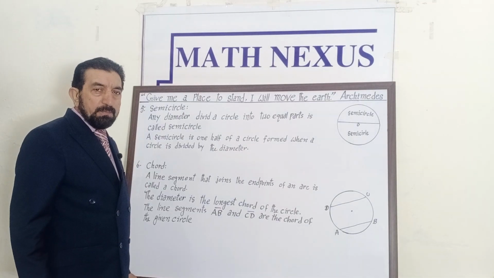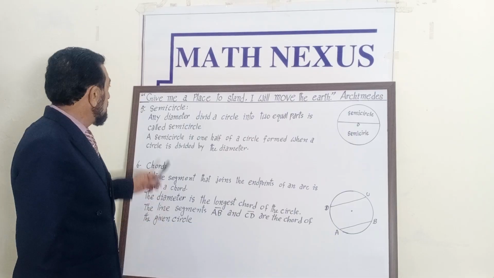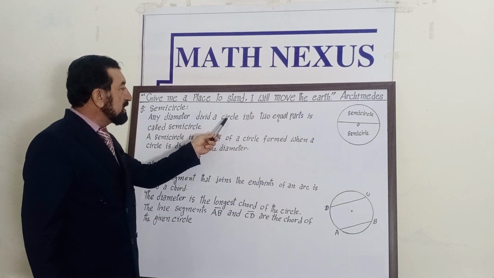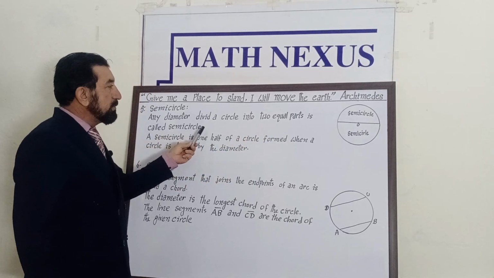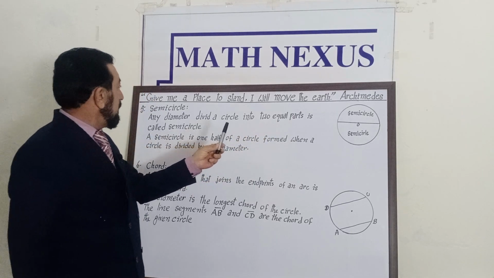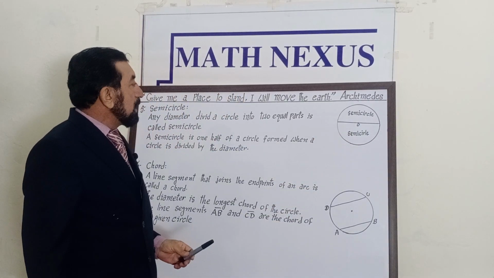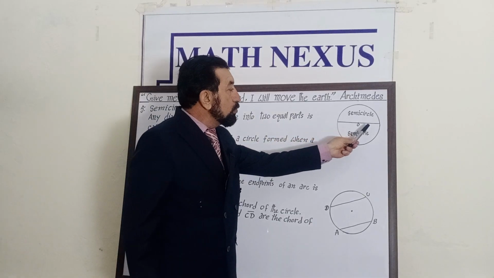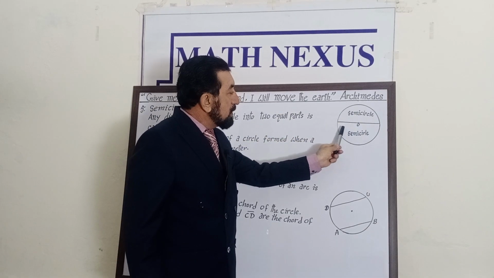In elements of the circle, the fifth is semicircle. What is semicircle? Any diameter that divides the circle into two equal parts gives a semicircle. A diameter of a circle divides the circle into two equal parts, this one and this one.